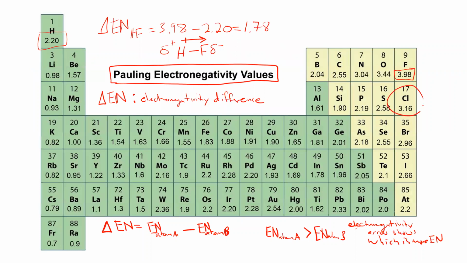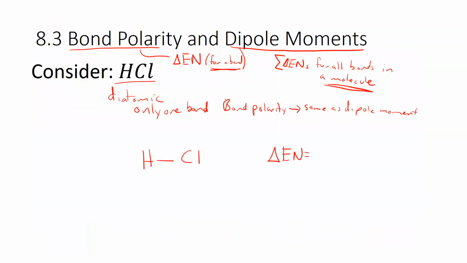So here's chlorine. Hydrogen we have already looked at, right? This 2.20. So I take the chlorine, which is 3.16 minus 2.20. Right, so I get a value of 0.96. Okay.